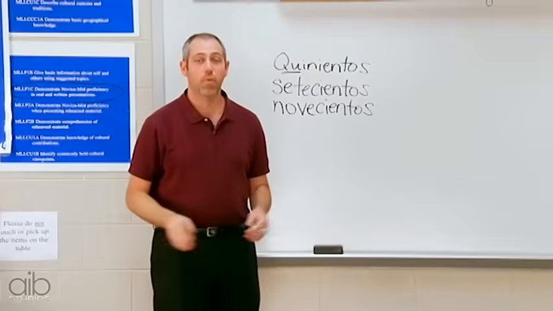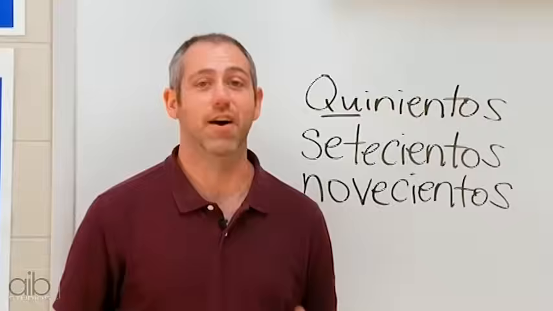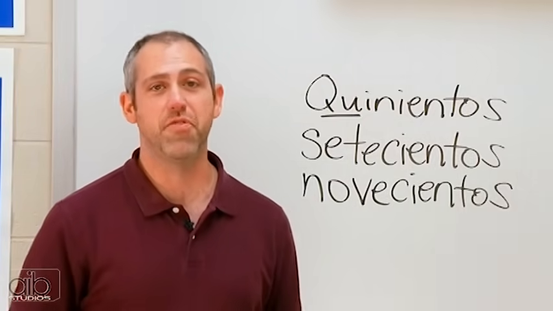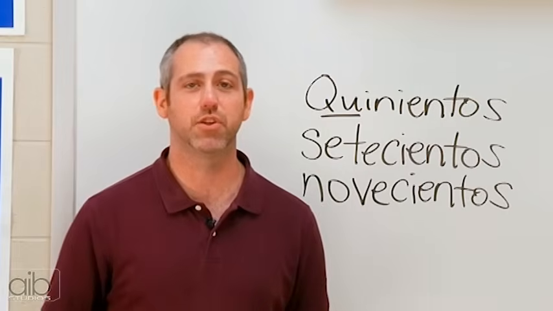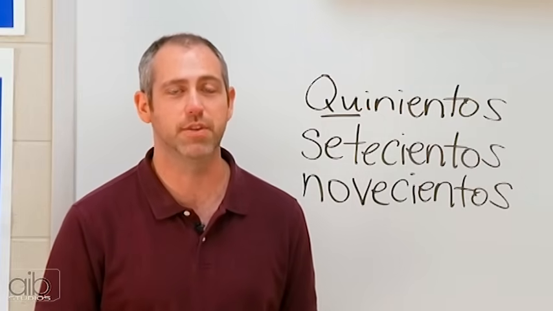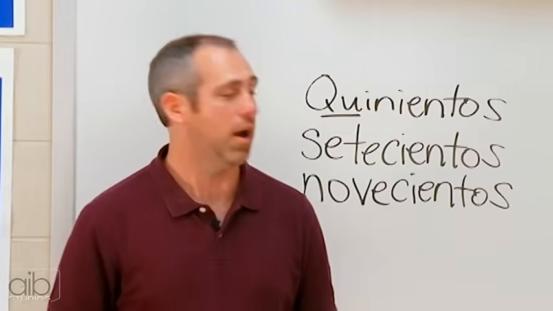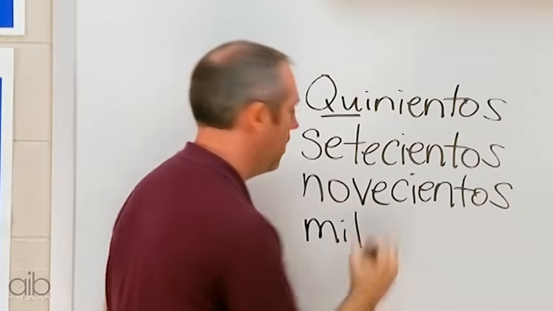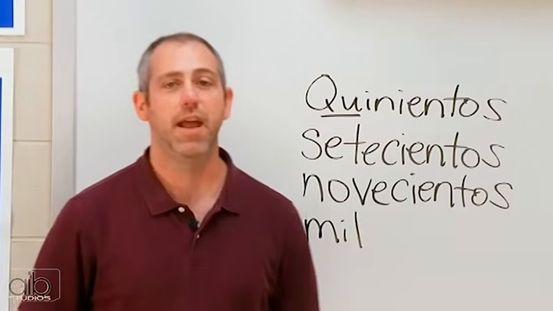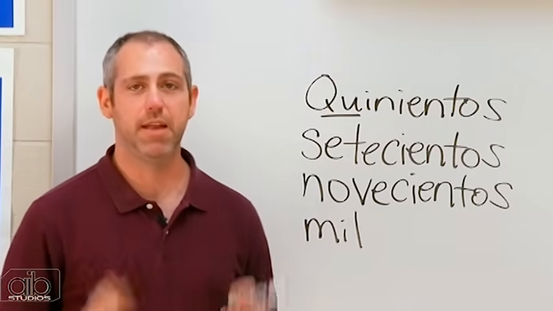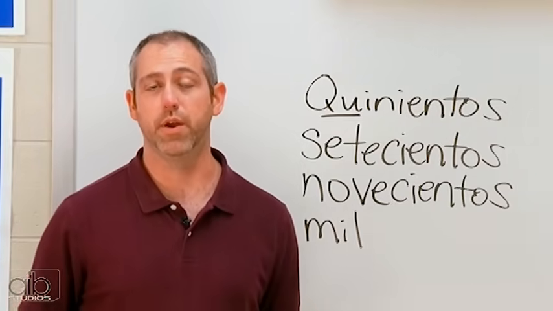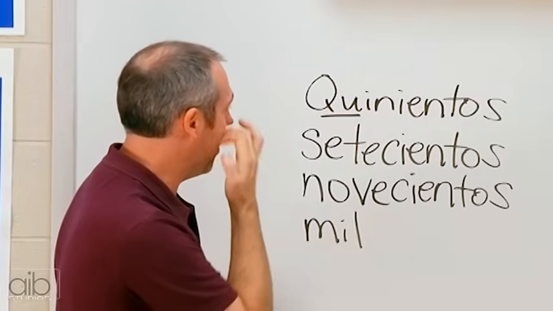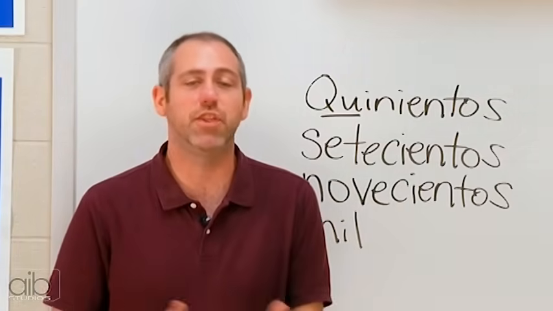Great. Now, we are very quickly already approaching 1,000. Now, in Spanish, 1,000 can be related to our English word that we use to describe 1,000, millennium. The word in Spanish for 1,000 is mil. Now, we don't make mil plural like we did with 100. When we said 100, we said ciento, but when we put it with others, we said cientos.